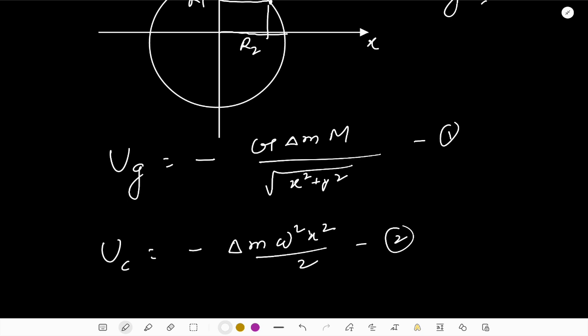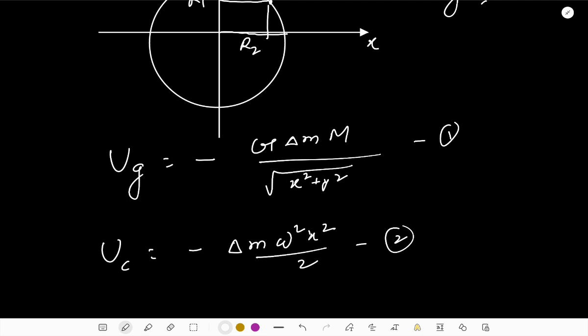That means the sum of UG and UC, the gravitational potential energy and the potential energy related to the centrifugal force, is a constant for any x and y.